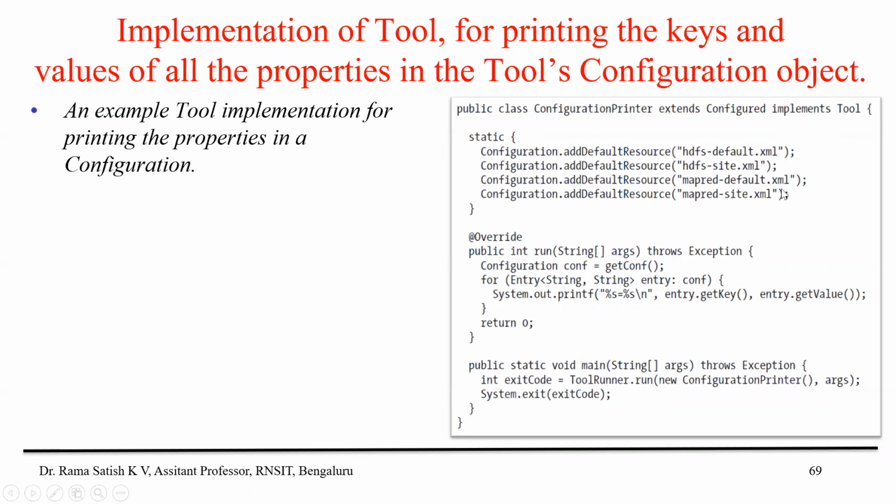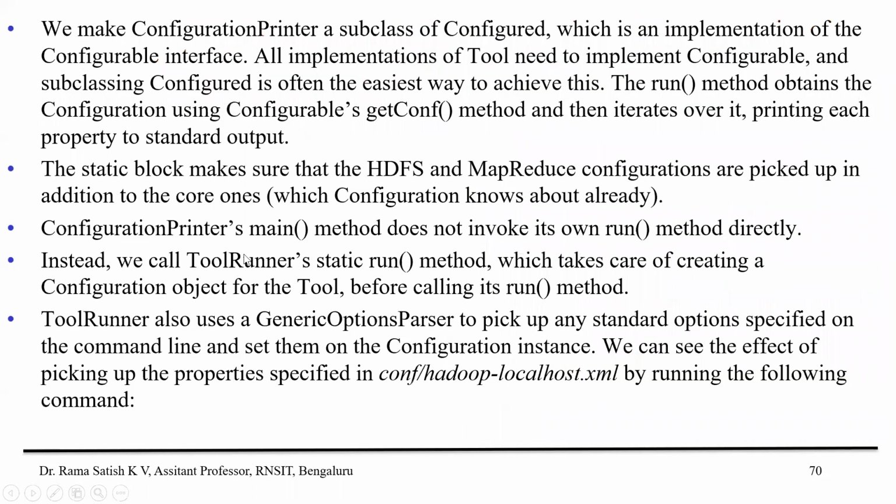That's why, using ToolRunner.run, you are running this. Remember all these things very carefully. And observe, this is a static block, which doesn't have any label. Certainly we can have such things.